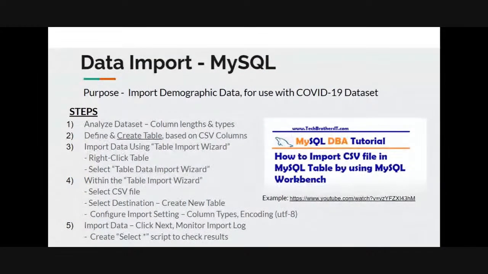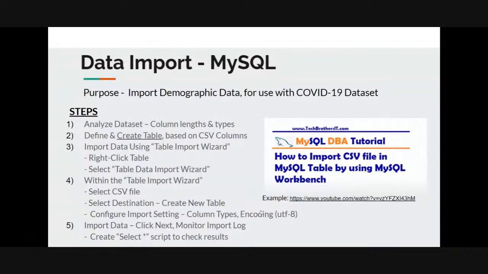Then you'll define and create a table based on those columns. You'll go to the table data import wizard, tongue twister. Within that, you select CSV file. You select a destination, which is the schema.table name. You configure the import settings, these are the recommended settings, and then you import the data.